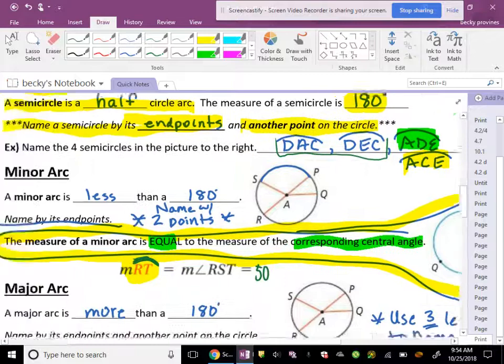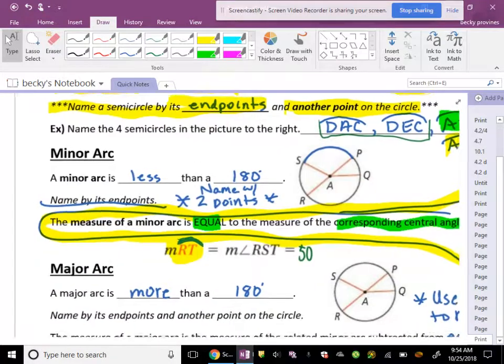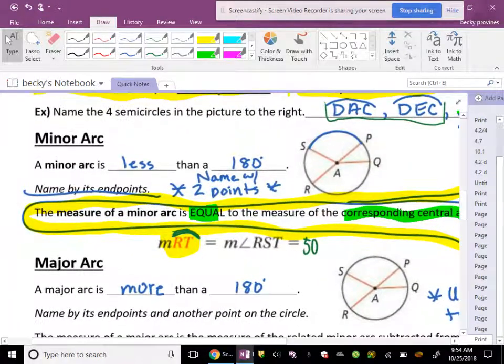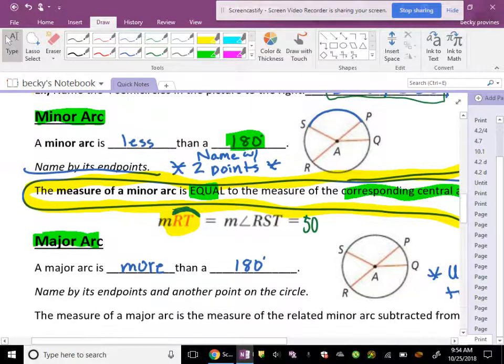Now, when we use the words major and minor, you know what those mean. Major means something bigger. Minor means something smaller. So when I talk about a minor arc, I'm talking about an arc less than 180. And when I'm talking about a major arc, I'm talking about an arc that is more than 180.